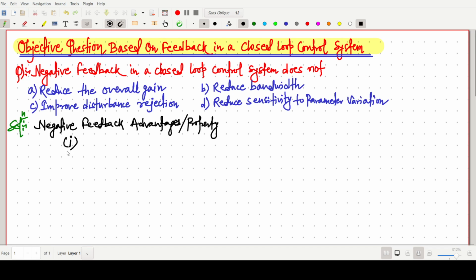The very number one property of any negative feedback is that it desensitizes the gain, or we can say gain desensitivity. Gain desensitivity means the gain of the feedback circuit is less prone to the actual value of the circuit components. That's why this one is gain desensitivity.